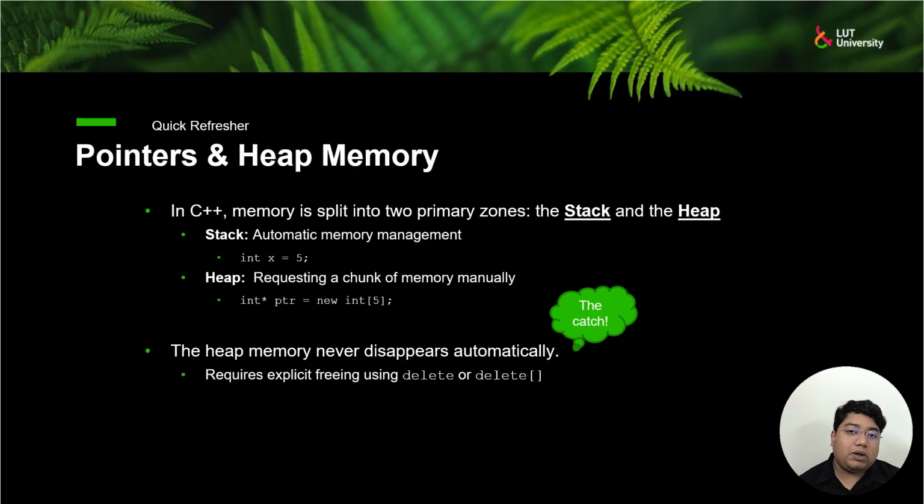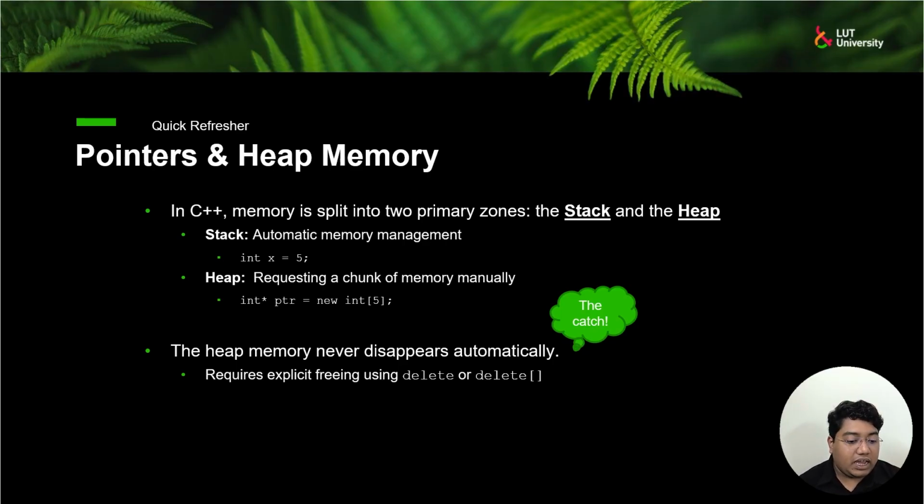The heap is different. We ask for memory ourselves using the keyword new. For example, you could see that this is how we ask for a new chunk of memory. And this one creates an array of 5 integers somewhere on the heap. Now, here's the catch. That memory does not disappear by itself in C++.